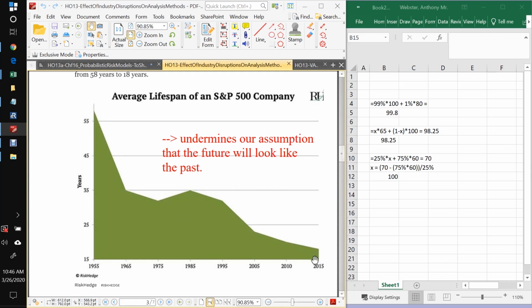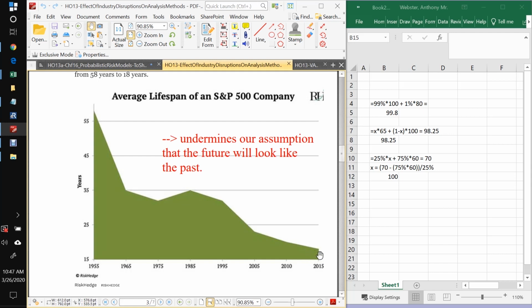So what that means, it may still not mean too much for the S&P 500 because the 500 companies rolling in and out don't affect the index too much overall. But if we're looking at one company, the fact that its lifespan now is less than 20 years means that using a historical future looks like the past model is clearly not going to work, because we want to have, as we know from basic statistics, a data set of returns of at least about 30 years, right?